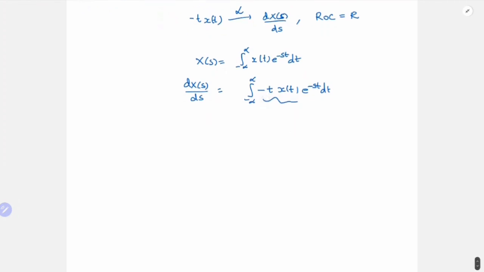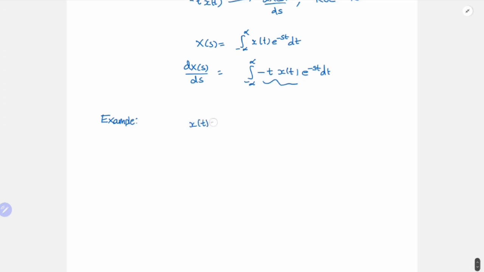So let us see an example. We already had the Laplace transform of e^(-at) u(t). Its X(s) was 1/(s+a) and the region of convergence was real of s greater than minus a.